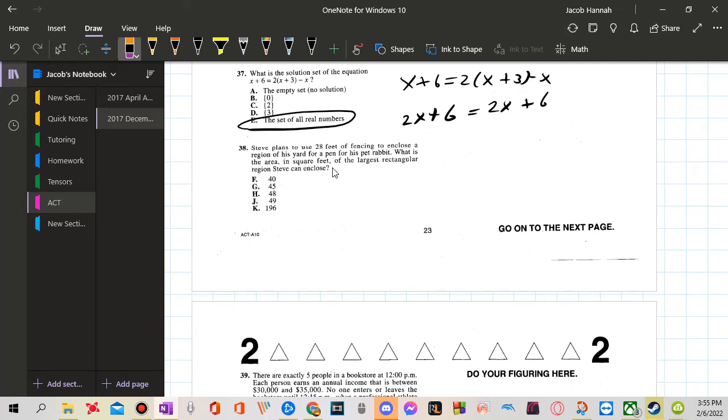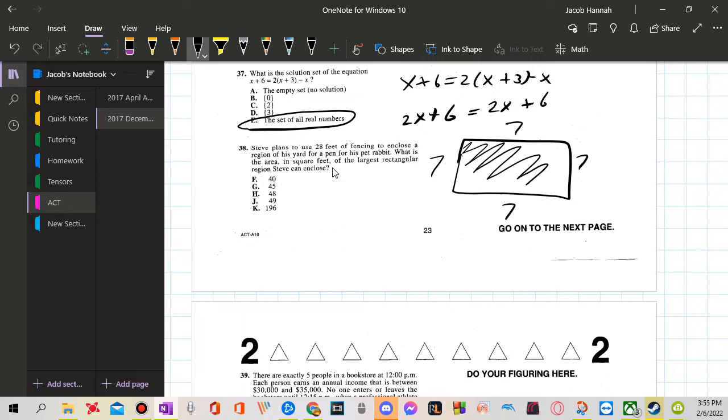No, wait, hold on. I overshot the gun on this one. So, if it's 28 feet around, you split that in 4, so each side gets 7. And since you're trying to figure out the area, you do length times width. So 7 times 7 is 49. It's J.